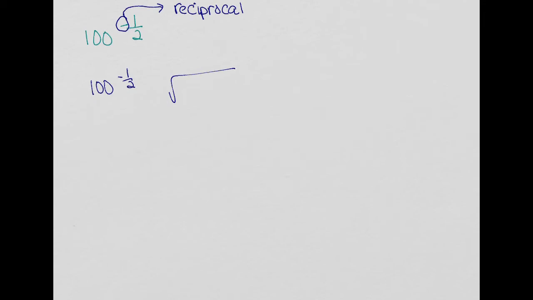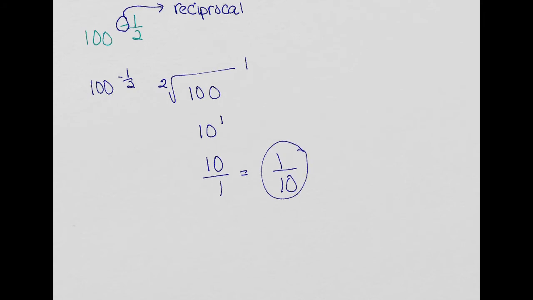So I have 100 under the radical. My 2 is the index. The square root of 100 is 10, and 10 to the first power is 10. Now, because of this negative in the beginning, we have to do the reciprocal of this. And this right now is 10 over 1, and the reciprocal would be 1 over 10. So anytime you have a negative for an exponent, you can just ignore it, work through it, and then at the end, make your answer the reciprocal.